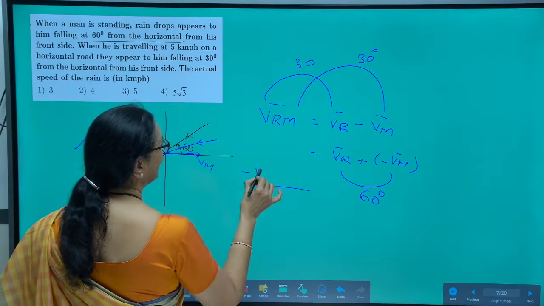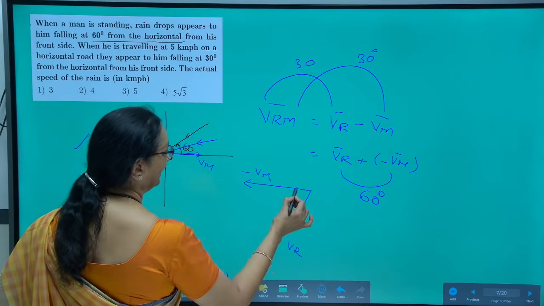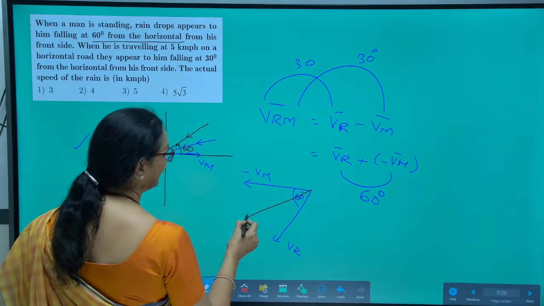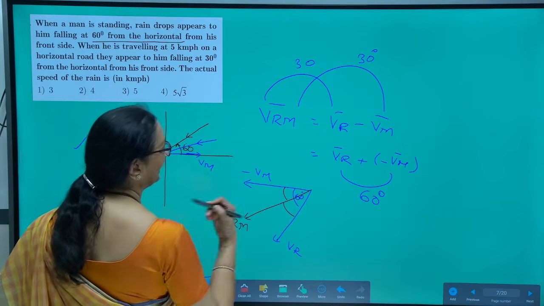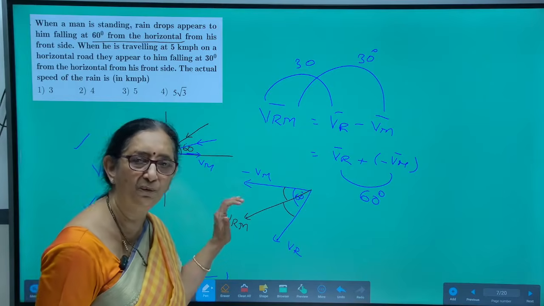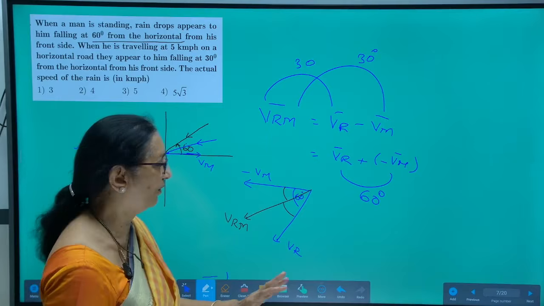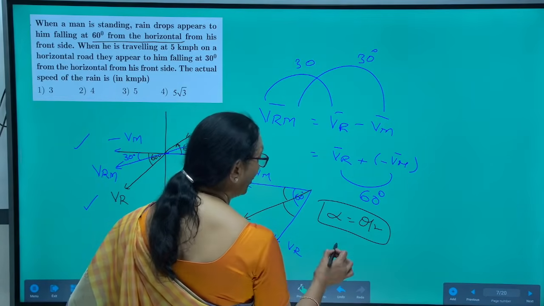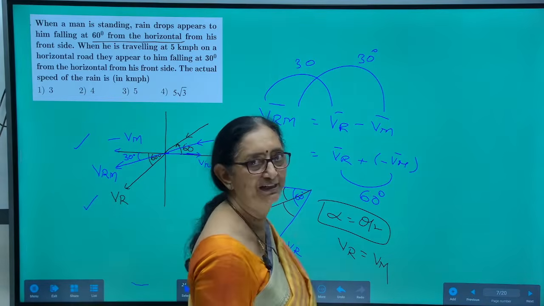See here, this is minus Vm, this is Vr and this angle is 60 degrees. Their resultant Vrm is exactly the angular bisector of those two. So, the resultant of two vectors bisects exactly, or alpha is equal to theta by 2, only when the two vectors are of equal magnitude.